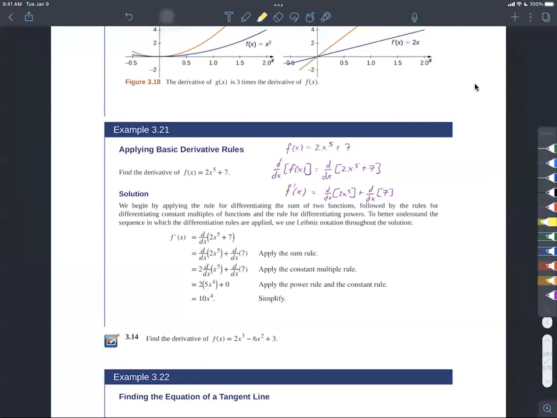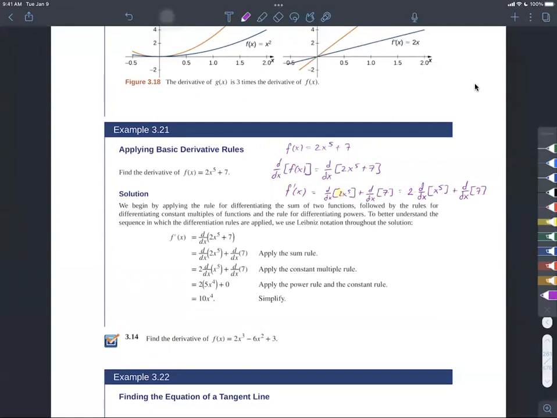Wait a minute, there is a constant that is multiplying. There's a constant multiple in the first function. So I can write this as, I'm going to factor out the 2 essentially from the derivative. I write 2 times the derivative of x to the 5th plus the derivative with respect to x of a constant 7.